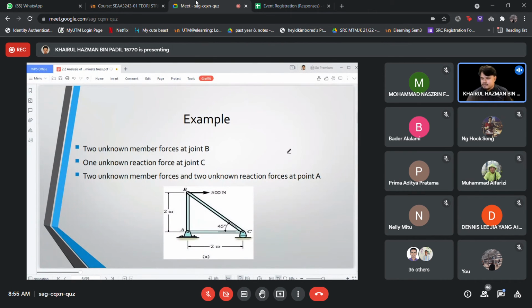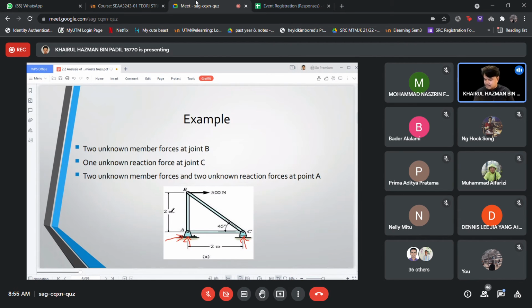Two unknown member forces at joint B, one unknown reaction at joint C, and two unknown reaction forces at point A. Okay, so this is a pin support. You have two reactions and then you have one reaction here.